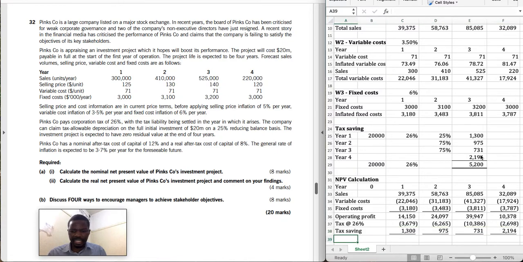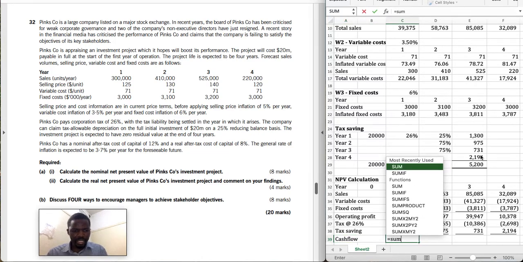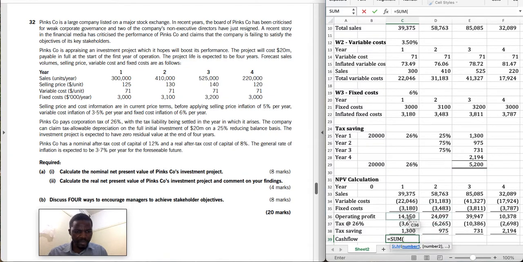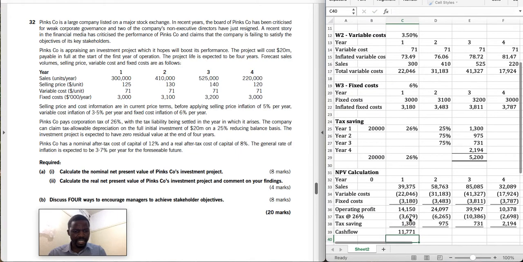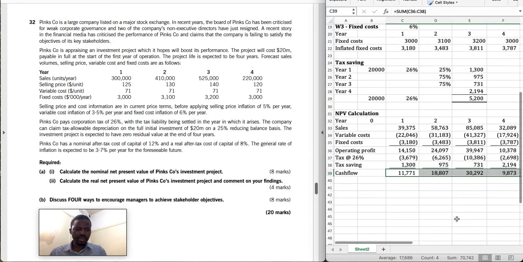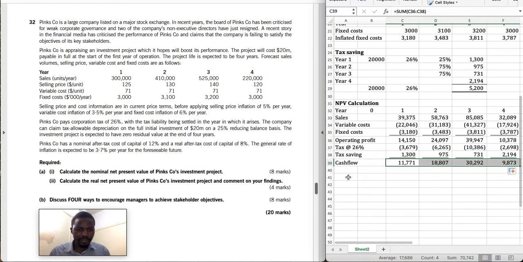After our tax saving, we get our cash flow. Our cash flow will be the sum of operating profit less tax paid less tax saving. If we calculate for year 1, we copy the formula up to year 4.